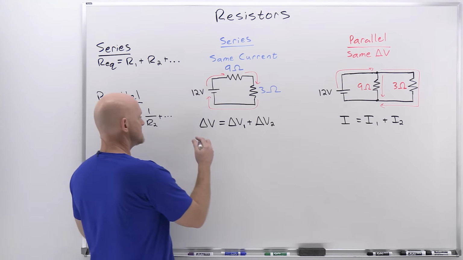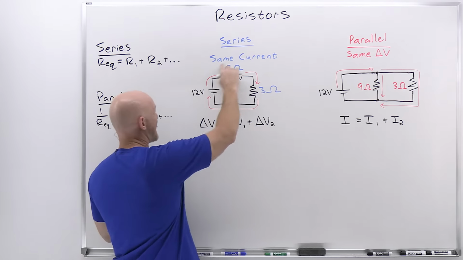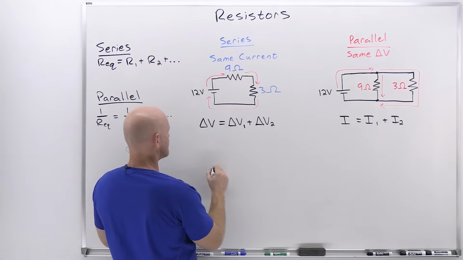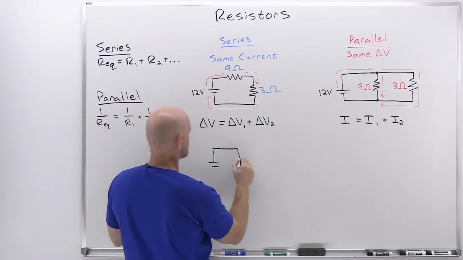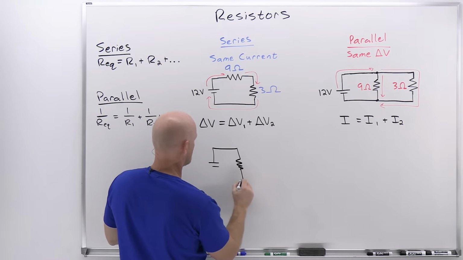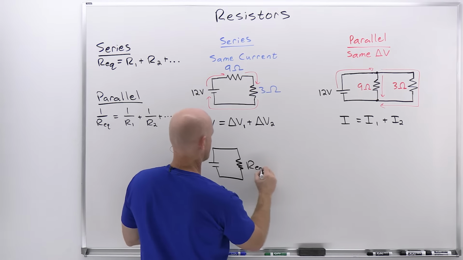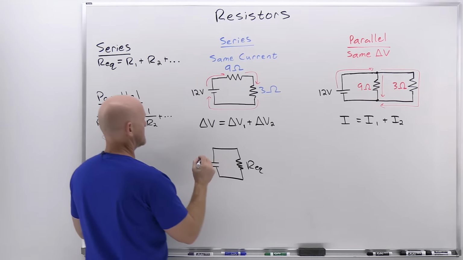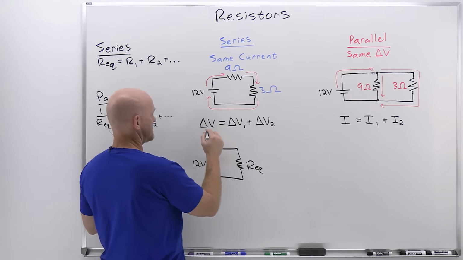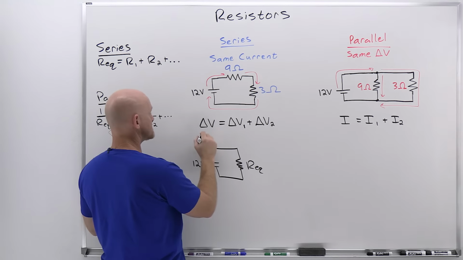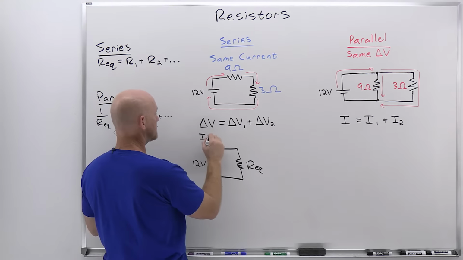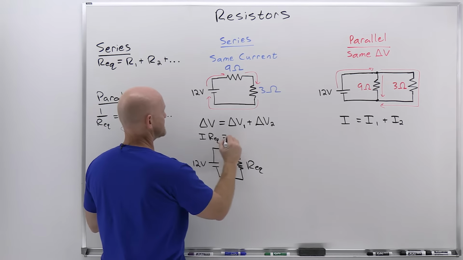So if we look at delta V for the entire circuit, we're envisioning that we can reduce this down to a single equivalent resistor. In that sense, we have delta V equaling IR from Ohm's law. So we'd have I total times the equivalent resistance.